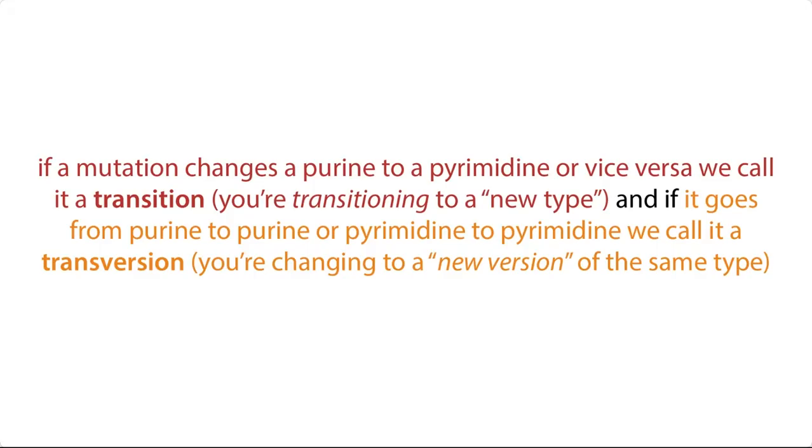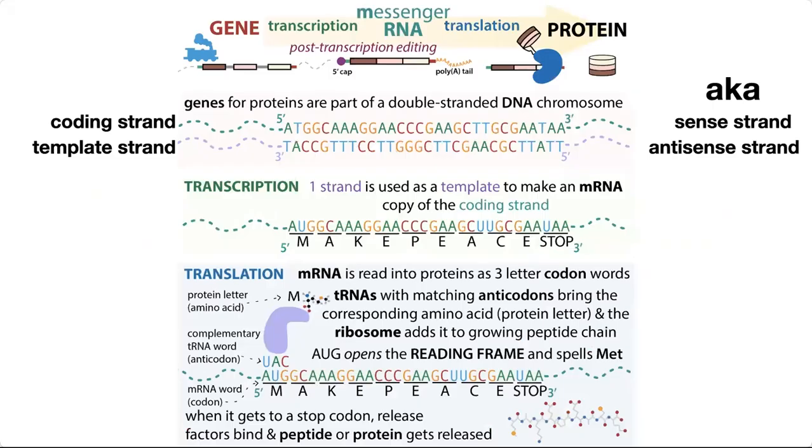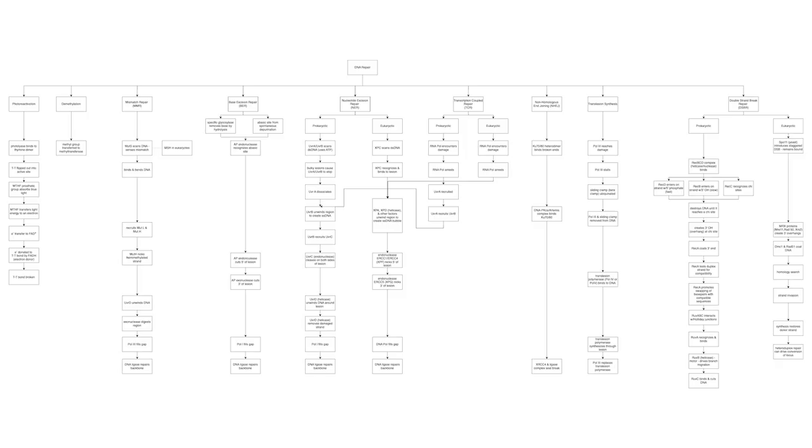When you have these changes, they make the DNA letter look like a different DNA letter. And so when the cell goes to copy it, it's going to copy the wrong letter, unless your cells can fix it first. Your cells have a lot of fixing machinery that can do that, and you'll learn all about that if you take molecular biology.